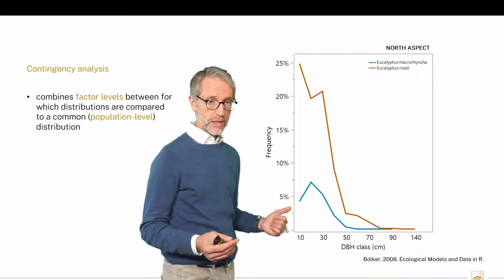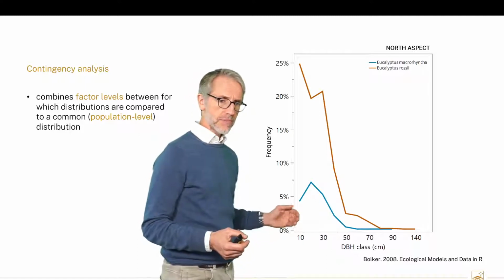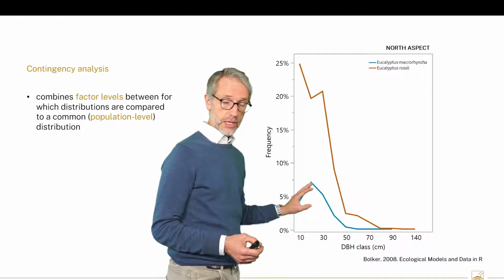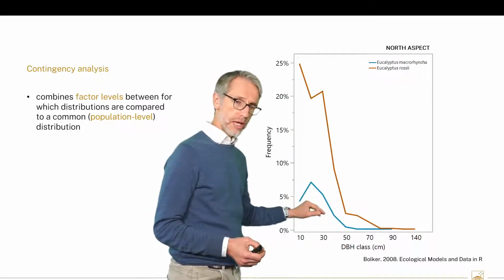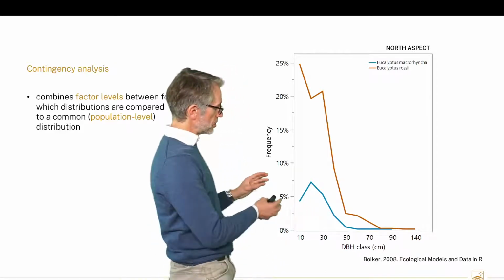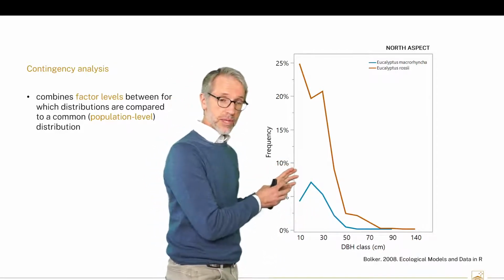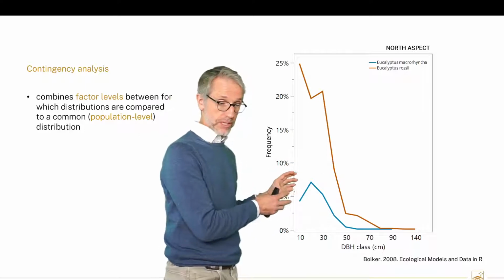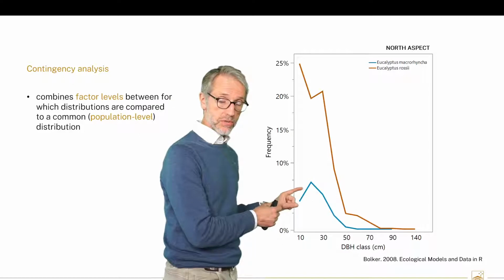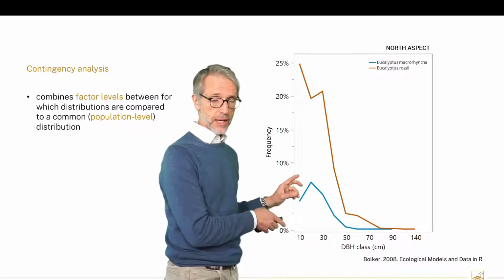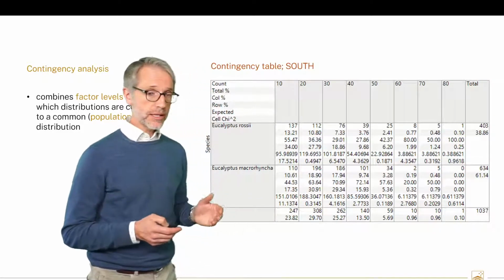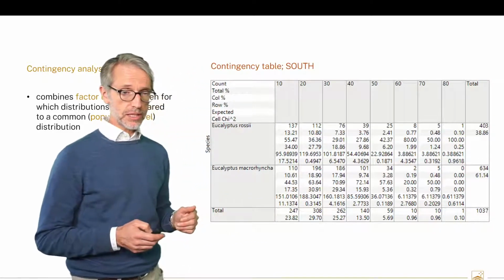In a contingency analysis, we look at deviation within each level away from the common distribution. That is, the distribution that is made up of both species here at the same time. We compare that to the distribution of each species one at a time. And that's how we undertake a contingency analysis.